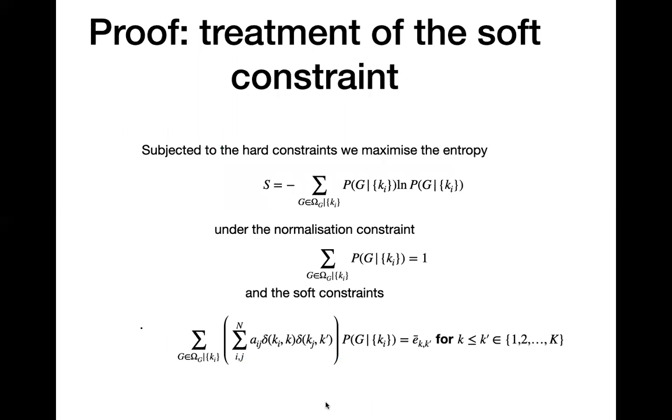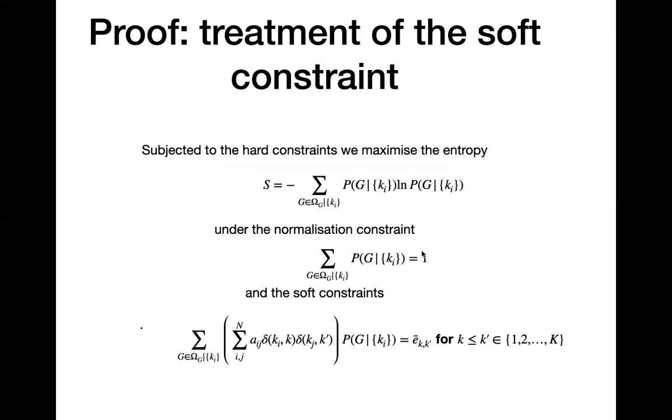So practically your entropy can also be written in this way, where instead of the probability of a graph, we indicate the probability of the graph given the degree sequence, because a graph will have non-zero probability only if it has this degree sequence.